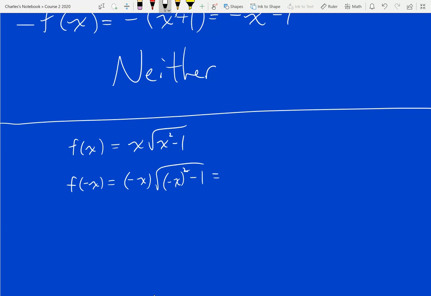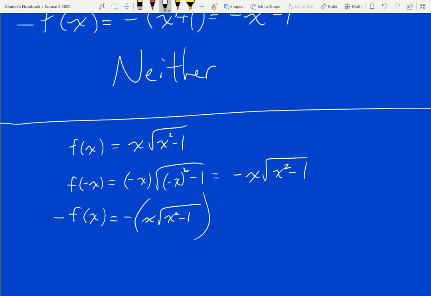On the outside term, I can just move the negative sign to the outside. And on the inside, negative x squared is just going to be x squared minus 1. Now if I do negative f of x, this is going to be negative x times the square root of x squared minus 1.